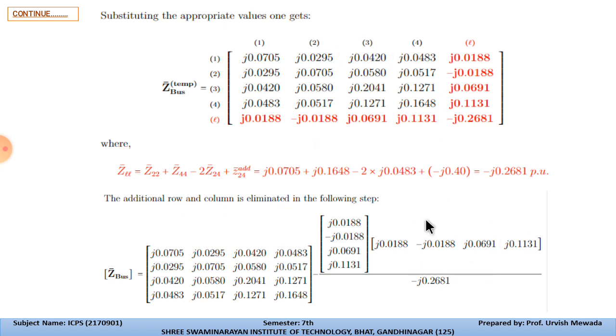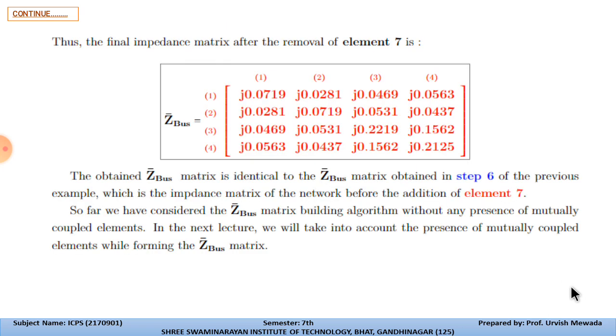So just place the values of all the rows and columns over here in the new matrix. The final impedance matrix after the removal of element number 7 is this one. We have 4 nodes, that's why the matrix formed will be 4 by 4.